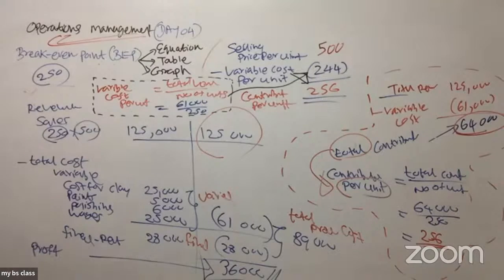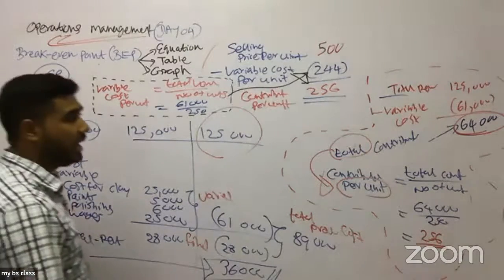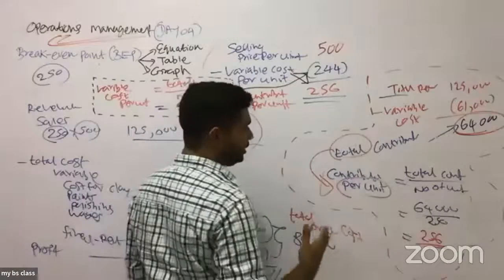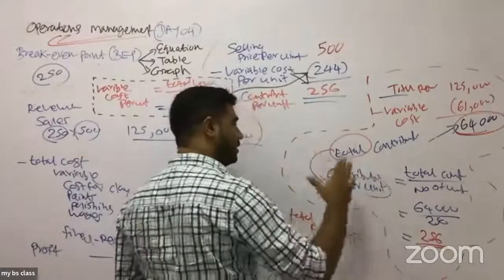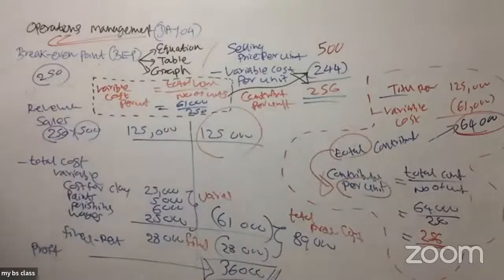So then for activity number 3, we calculate the total revenue, total cost in terms of variable and fixed, and the profit, and also the total contribution as well as the contribution per unit. So these are the basic stuff that you should know prior to calculating the break-even point.